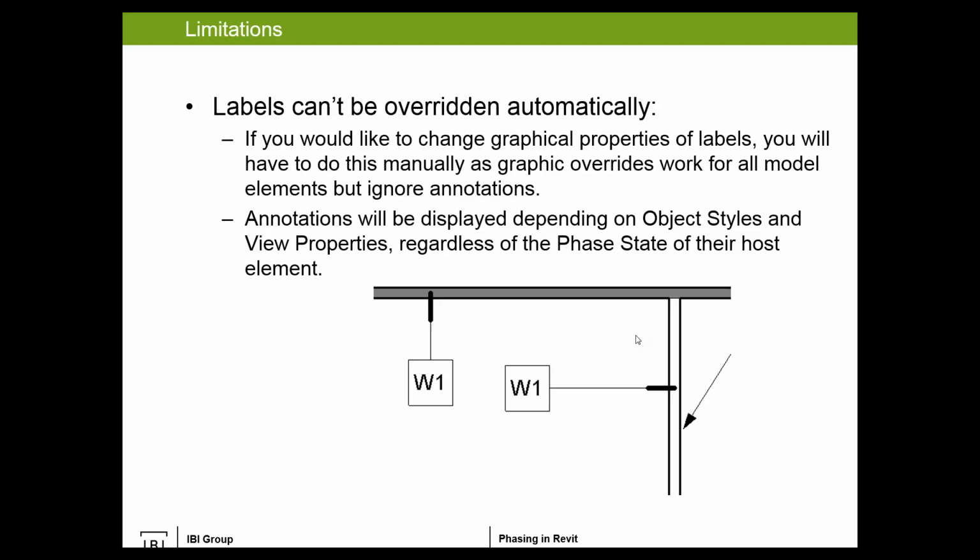It will override the item, but it won't do anything to the item's label. As you can see, the W1 labels are exactly the same because Revit doesn't feel the requirement, I mean, they don't think you need to distinguish the labels of different phases. So if you would like to show the labels differently as well, you're going to have to do that manually.